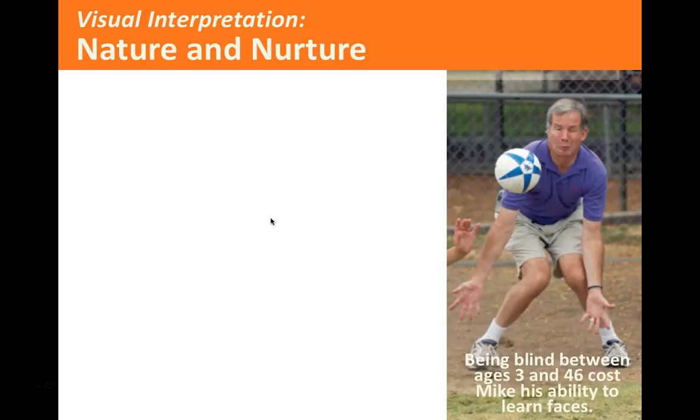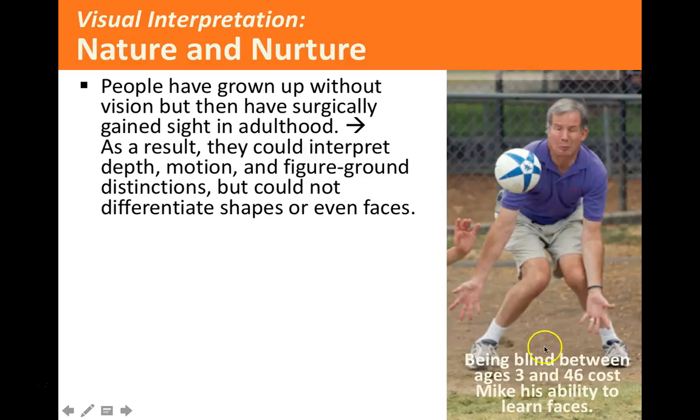Nature and nurture. We talked about this guy, Mike, and I was wrong actually in a previous narration. I thought I had indicated he had been blind since birth, but he was blind between the age of 3 and 46. But he's basically grown up with vision, without vision, and then in adulthood he had his vision restored.